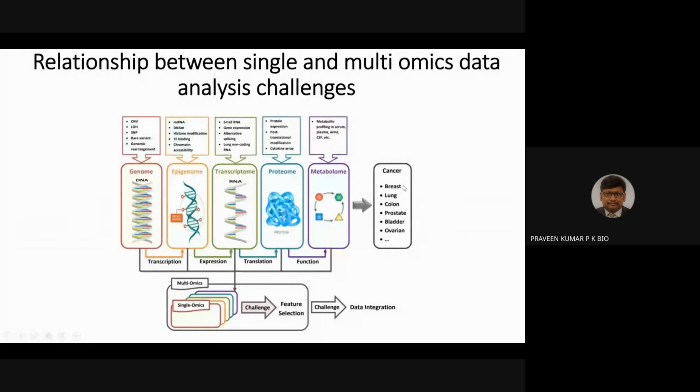If a patient is suffering only from breast cancer, one should integrate all the omics. Then only can precise tailoring of medicine to a particular target be done.